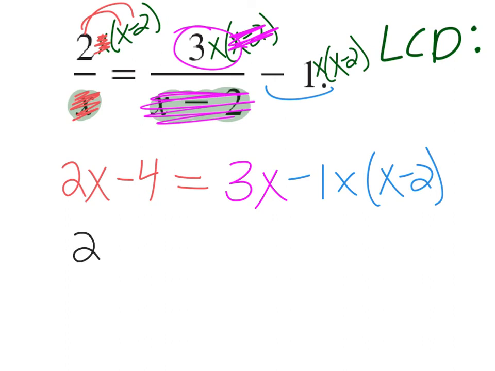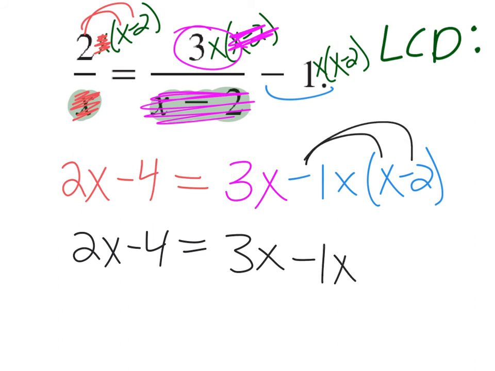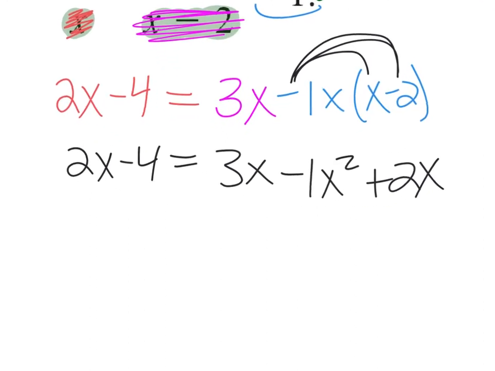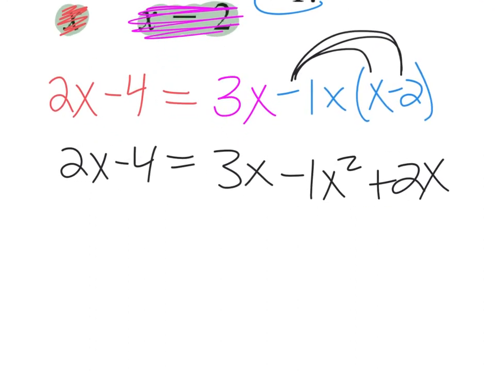So let's see what we get here. 2x minus 4 equals, distribute negative 1x, so it would be negative 1x squared, and then negative 1x times negative 2, positive 2x. And then we have an x squared, so let's get everything on one side, and I want this x squared to be positive, so I'm going to move everything from the right side over to the left side.